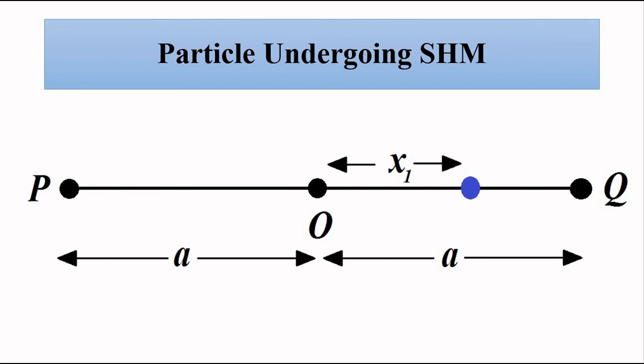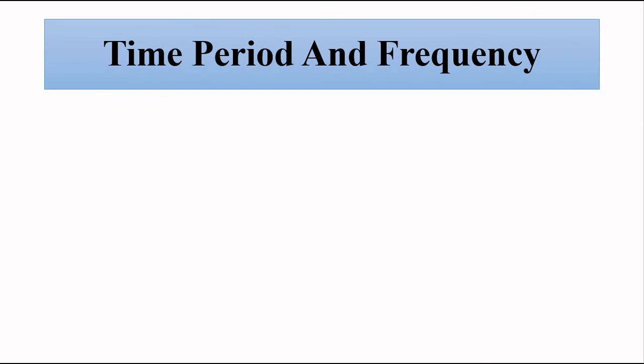The time taken to do that is the time period of SHM, and the frequency of SHM is the number of such complete vibrations in 1 second. The time period of SHM is 2 pi by omega, and frequency is the reciprocal of the time period.